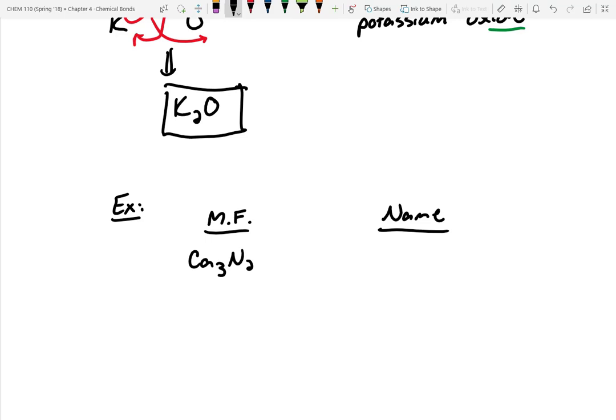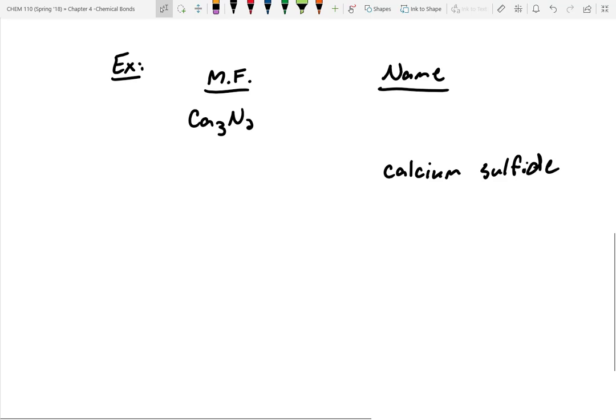We'll do calcium sulfide. So then the question is, what's the name for this one, and what's the molecular formula for that one? So I'll give you guys a minute to work on this, and then check with your neighbor and see if you agree.